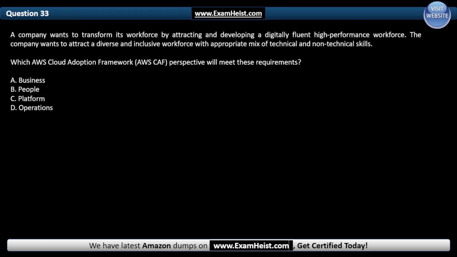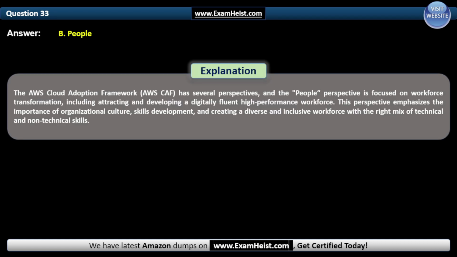And the correct answer is B. People. The AWS Cloud Adoption Framework has several perspectives, and the people perspective is focused on workforce transformation, including attracting and developing a digitally fluent high performance workforce.